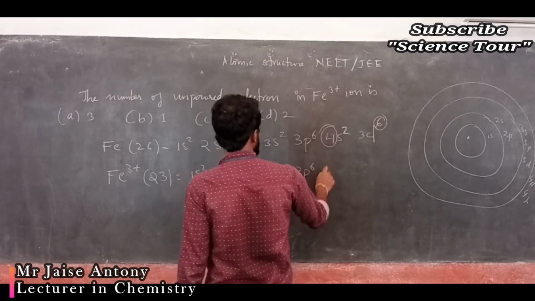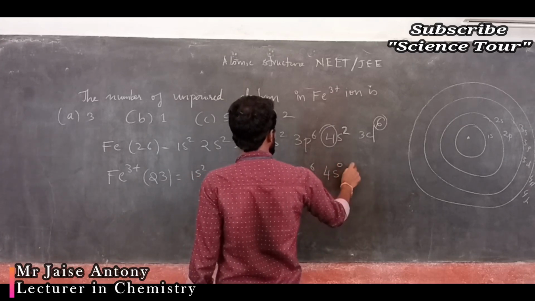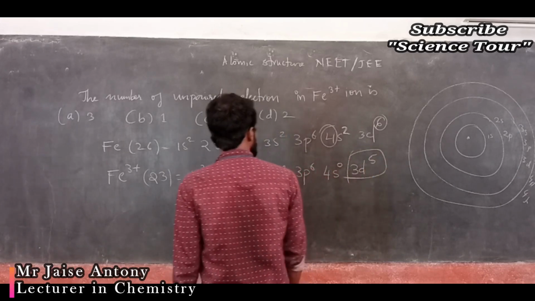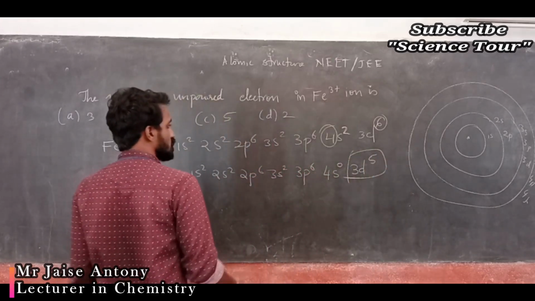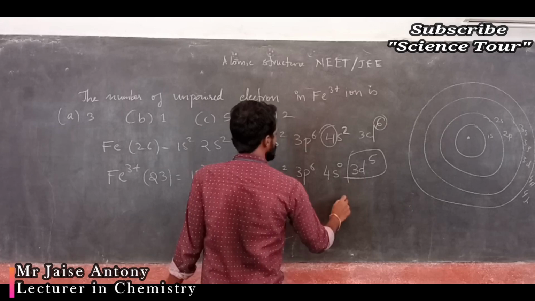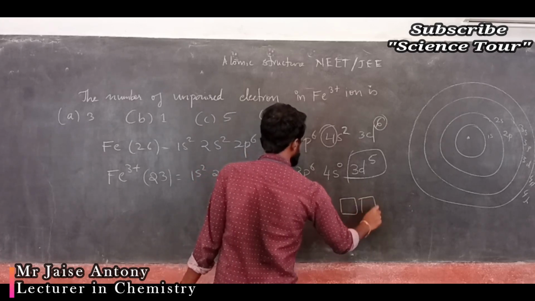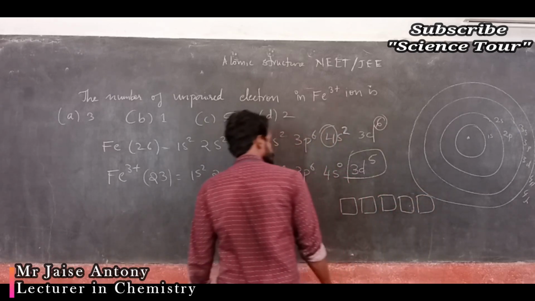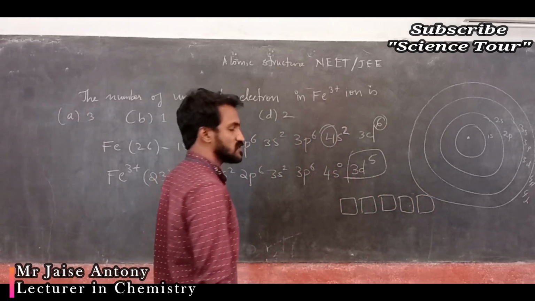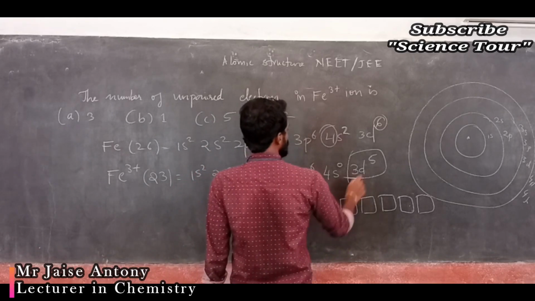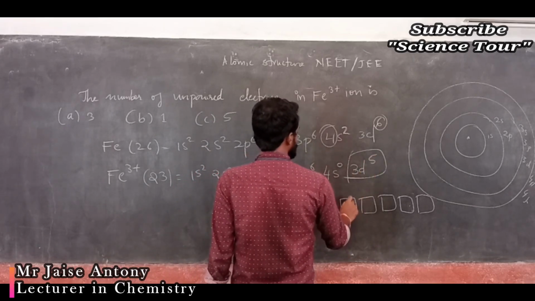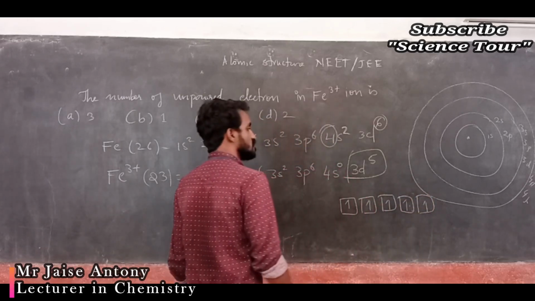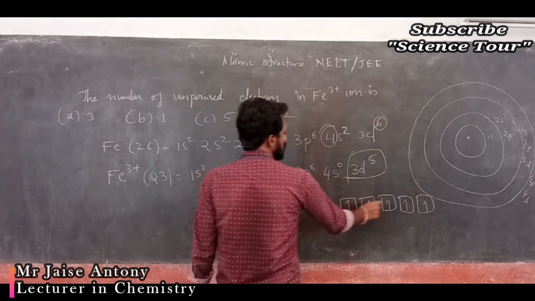So 4s has 0 electrons, 3d has 5 electrons. Now the outermost electronic configuration becomes 3d5. 3d contains 5 orbitals: 3dxy, 3dyz, 3dzx, 3dx2-y2, 3dz2. Here each orbital is filled with 1 electron first, total 5 electrons. So 5 degenerate orbitals.